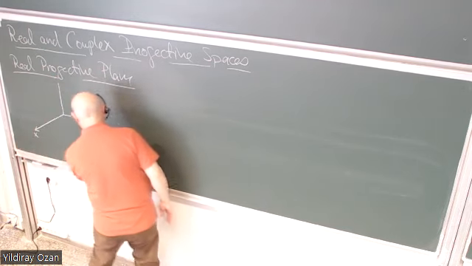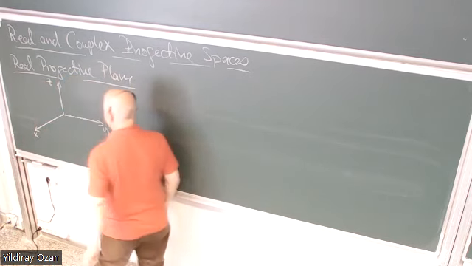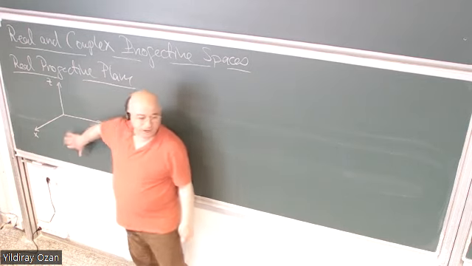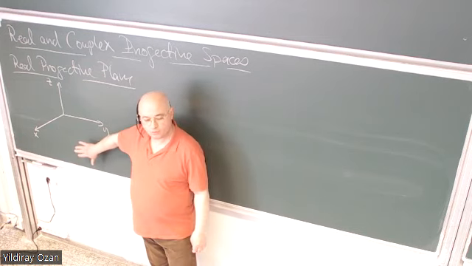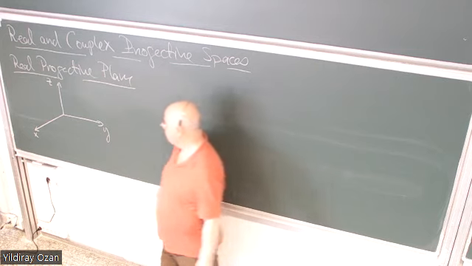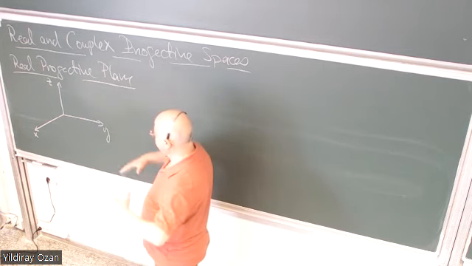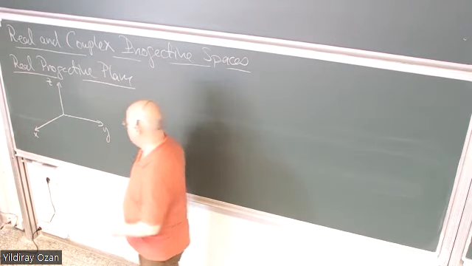Now, consider the Cartesian coordinate system, let's say, x, y, z. And the usual plane is the xy plane, okay? We have all kinds of geometry here, right? The usual classical geometry. How can we put this into a bigger, but this time compact space?